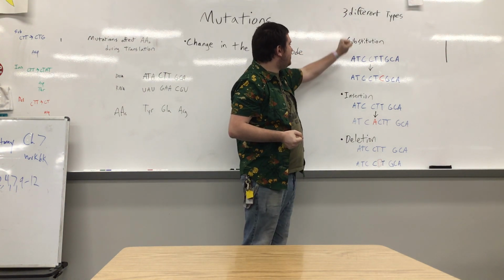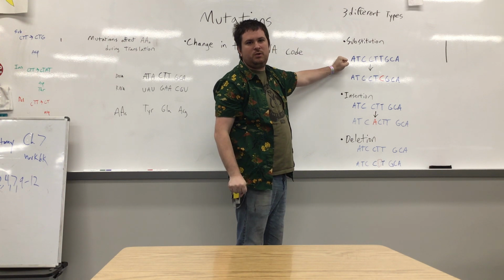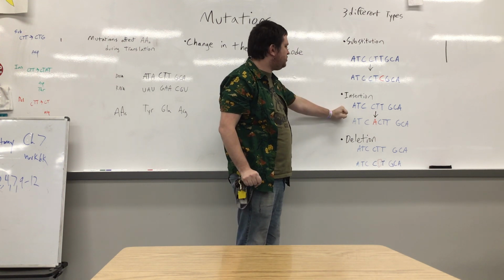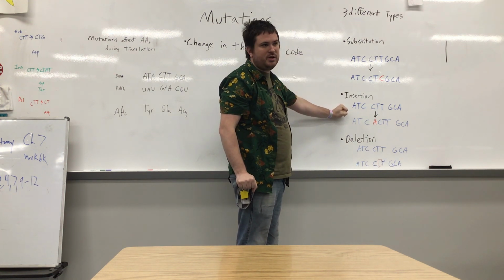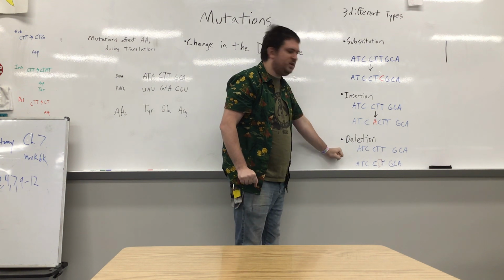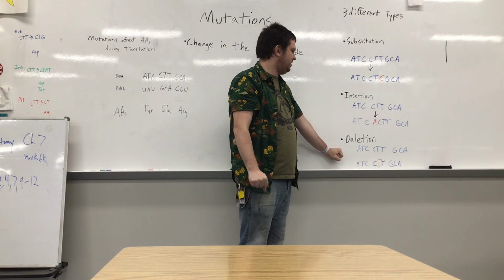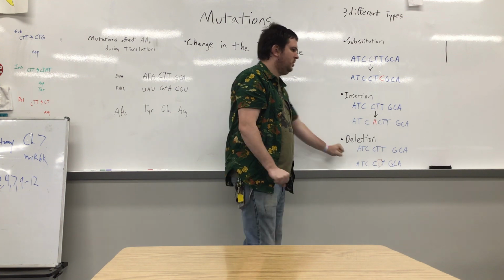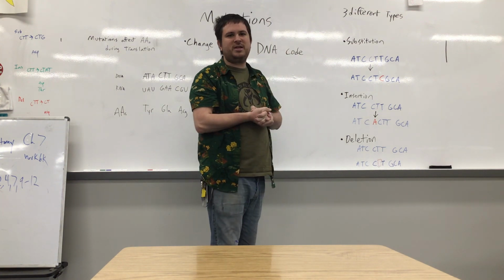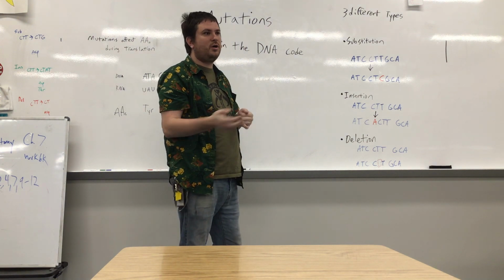So the 3 different types are substitution, changing one letter for another, insertion, putting an extra letter in the code, and deletion, taking a letter out and not replacing it with anything. And these, we're just focusing on single letters. These can occur at any level.